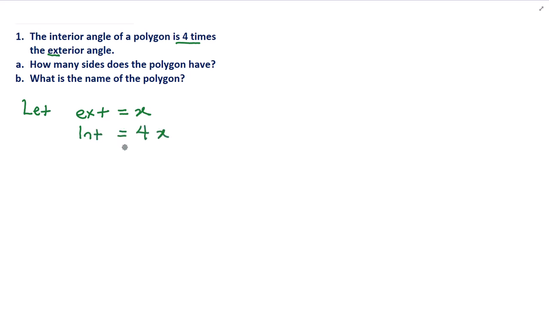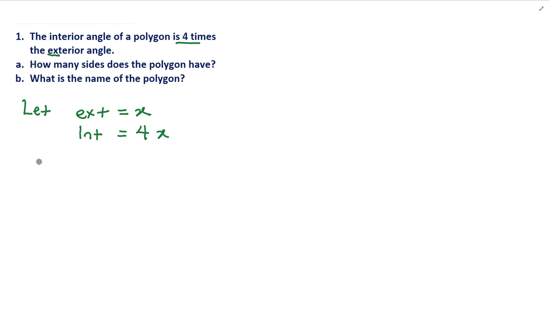How did I derive this? It's simple. If the interior angle is 4 times the exterior angle, then whatever the exterior angle is, which I gave x, you can give any variable of your choice, y or w, the interior angle is 4 times that. I hope that makes sense.